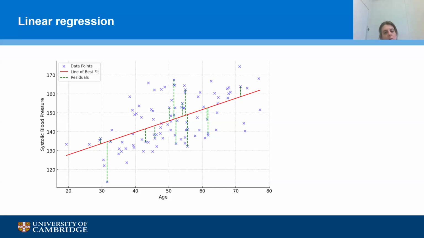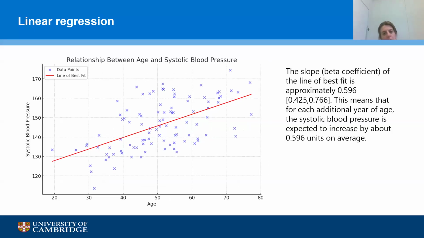And what do I do when I get the line? When I get the line, I can calculate the beta coefficient that shows us, for each unit increase in age, how much the blood pressure increases. In this case, this line is telling us that for each unit increase in a year of age, I have a 0.596 unit increase in blood pressure.